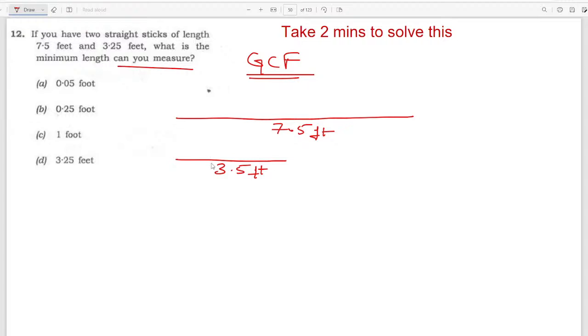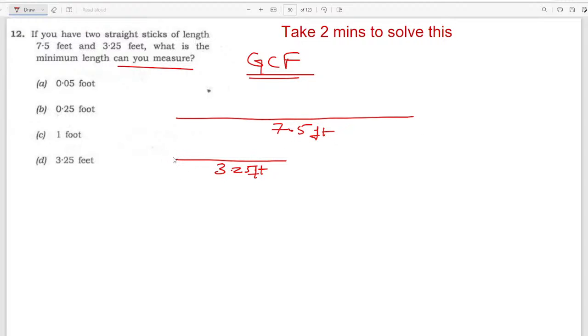So what we can do is multiply this twice, so we have this long stick here, 3.25, sorry. This is 3.25. So we have this long stick here.